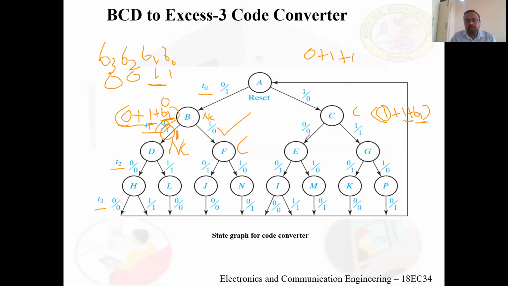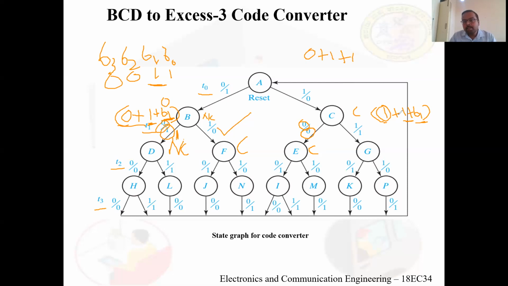Right? Similarly for this one, since there is a carry, we have 1 plus 1 plus B1. Now B1 is 0. So 1 plus 1 will be 0. The carry will be 1. The carry is generated and the output will be 0.